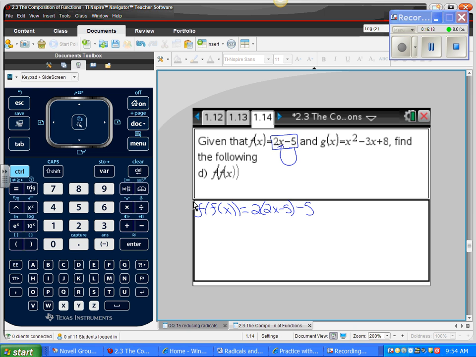So again, this is the only new piece. You're putting f of x in for x of f of x. F of f of x equals 4x minus 10 minus 5. F of f of x equals 4x minus 15. And there's your composition.